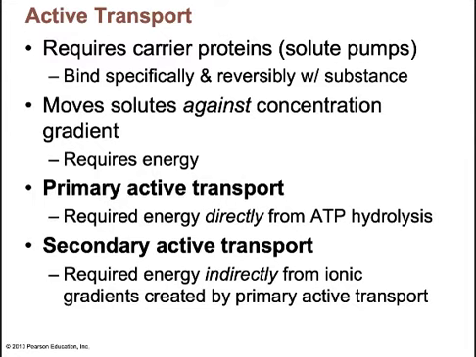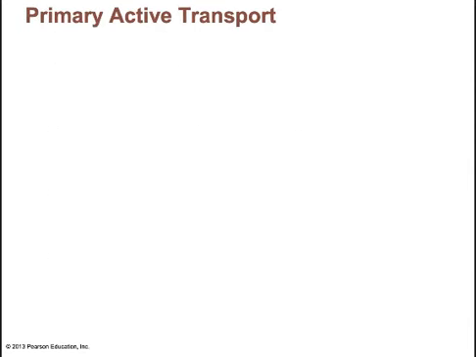A lot of these are integral membrane proteins that serve as pumps, moving material against their concentration gradient. In primary active transport, we use ATP directly to move material against its concentration gradient, and in secondary active transport, we use a gradient set up by primary active transport to drive material either into or out of the cell.